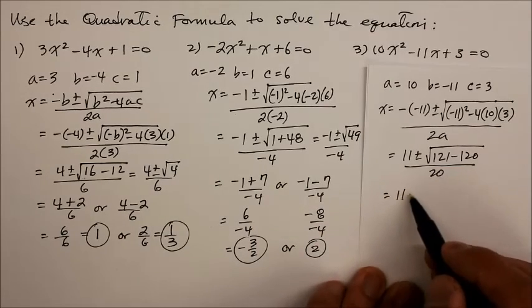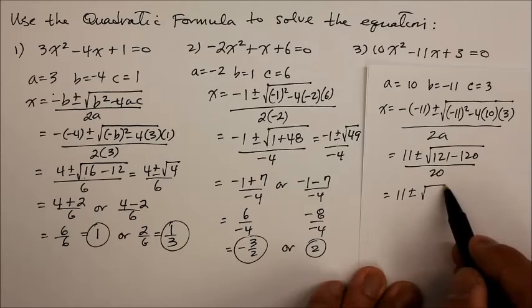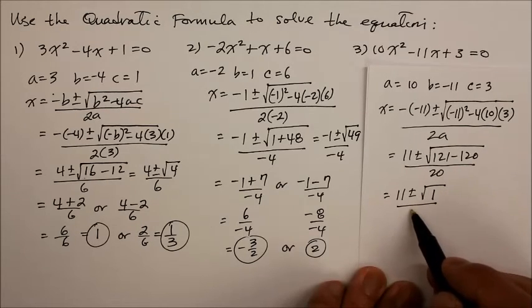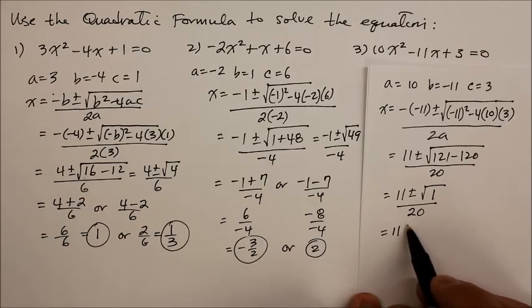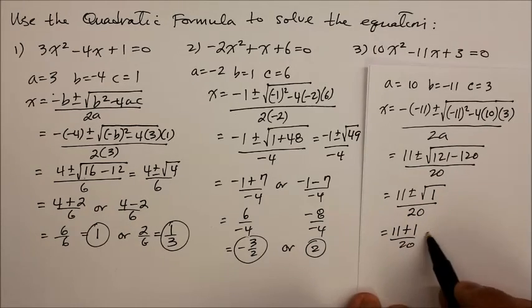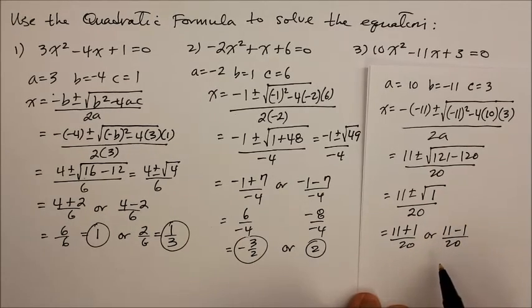So we get 11 plus or minus, well, 121 minus 120 is 1. And 1 is a perfect square, so we can write that as two separate expressions: 11 plus 1 over 20, or 11 minus 1 over 20.